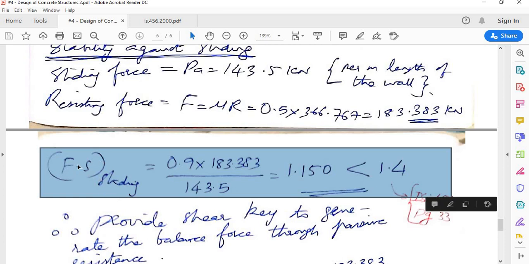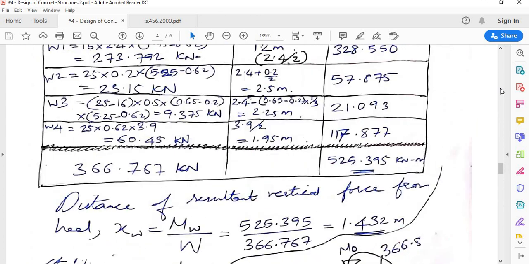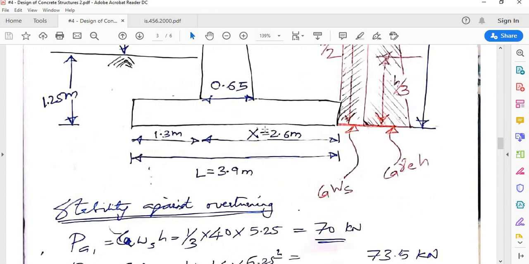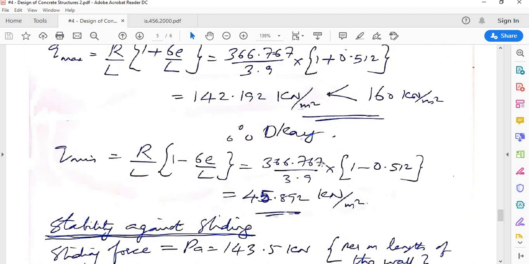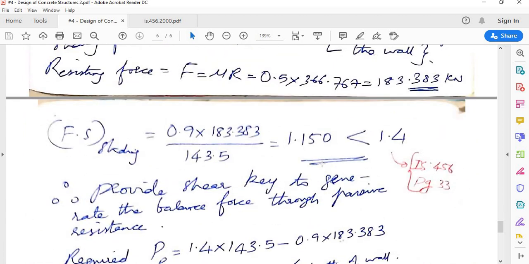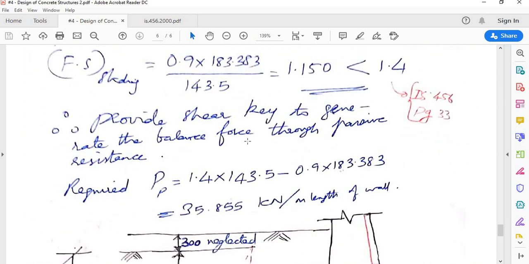If it's not satisfying the sliding check, of course the fundamental way is to increase the dimensions, so that you can increase the reaction and the sliding resistance. But a simpler and more economical approach is what we discussed, providing a shear key.